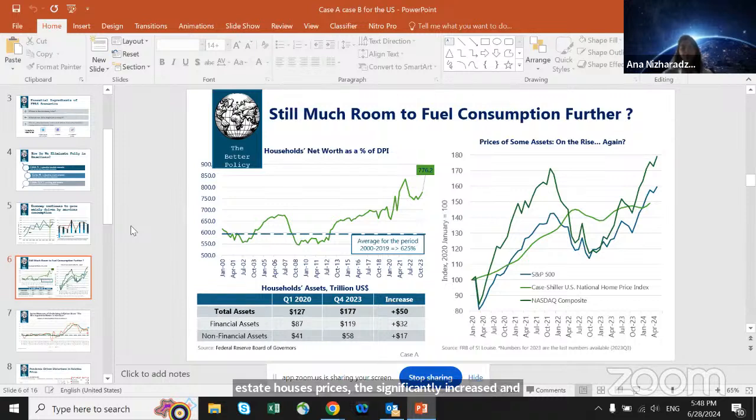So in the end, this total accumulation of non-financial as well as financial wealth does not directly impact consumption, but it creates a sort of buffer for US consumers to feel confident to keep spending money.